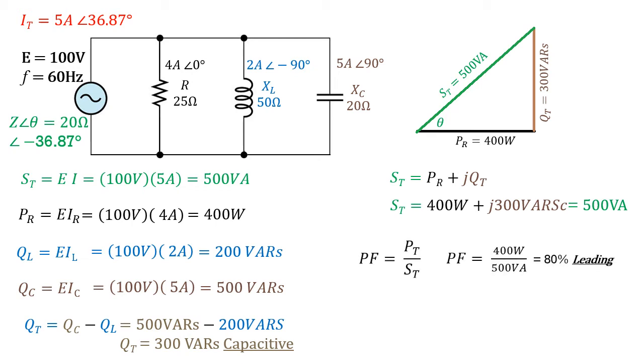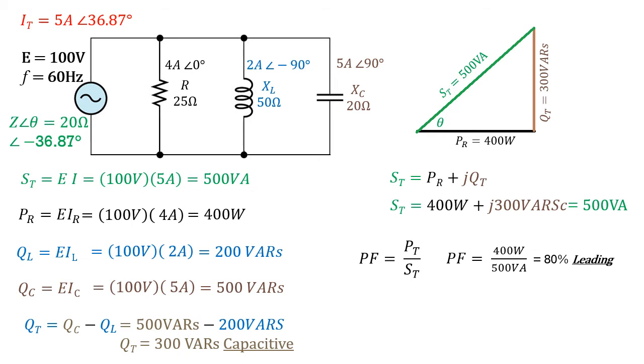When we calculate our power factor, we end up with an 80% leading power factor. We say it's leading because our circuit is more capacitive than inductive. Our current, our 5 amps, is at a leading 36.87 degrees.